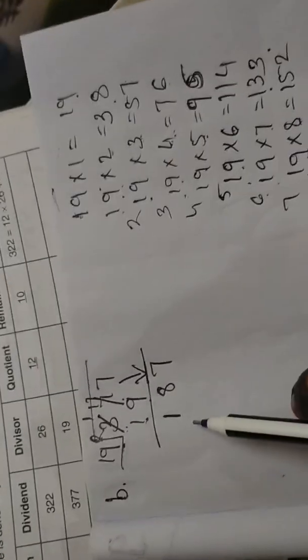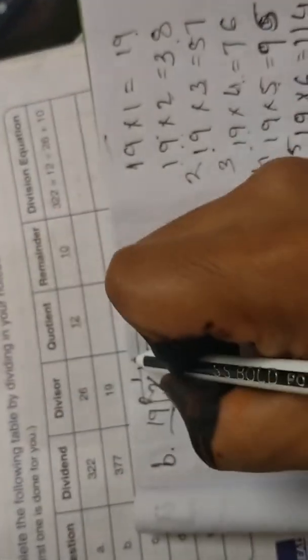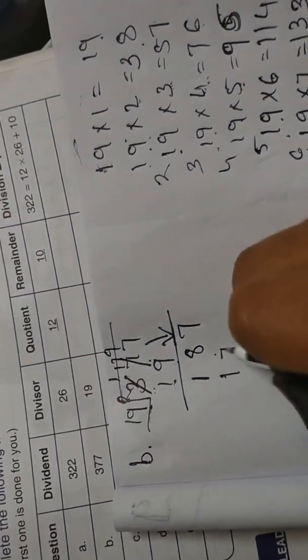So students, 190 is a bigger number than 187. So we'll take 19 nines are 171. So 7 minus 1, 6; 8 minus 7, 1; 1 minus 1, 0.